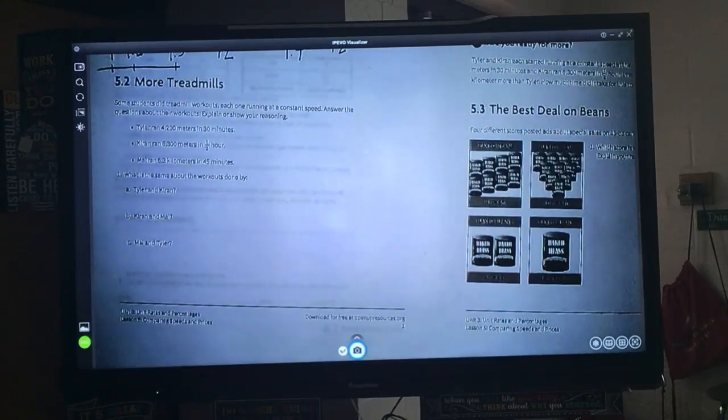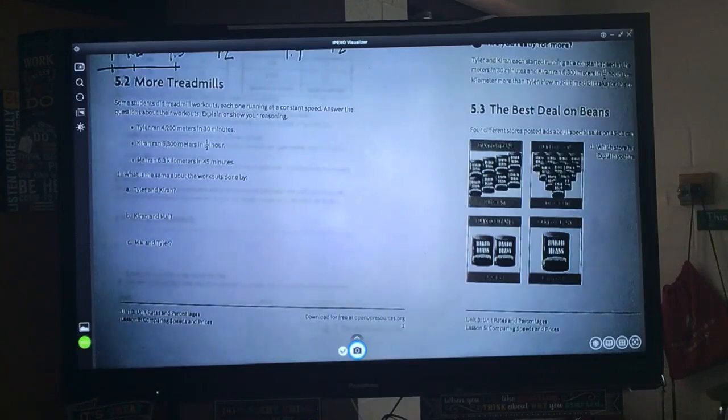I know. Oh wait. Actually, no, that's meters. We have to figure out meters per minute. Meters per minute. Yeah. That means we divide. No, we have to divide Tyler's distance by 30.